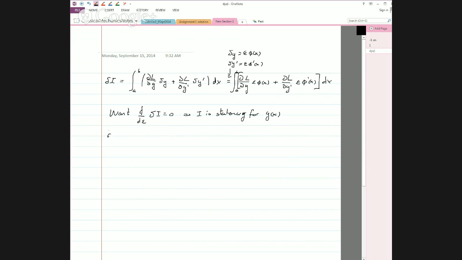So this d by d epsilon of delta I, I'm sorry, so this is delta I, right? The whole integral has an epsilon in front of it. So that's the same as delta I over epsilon. And that's equal to now the integral from a to b of dI by dy phi of x plus dI by dy prime phi prime of x.